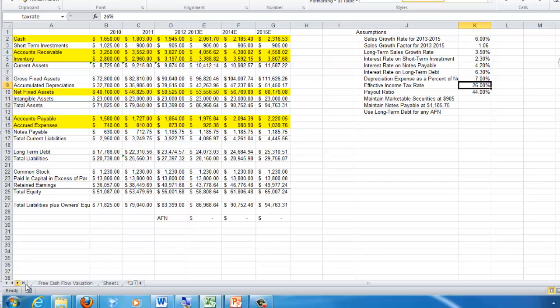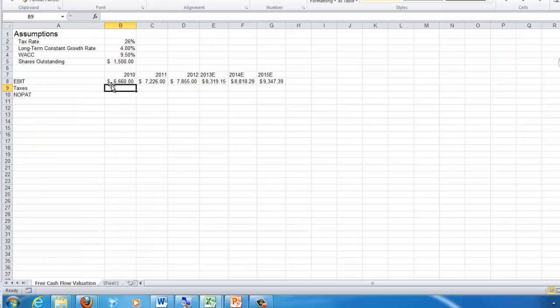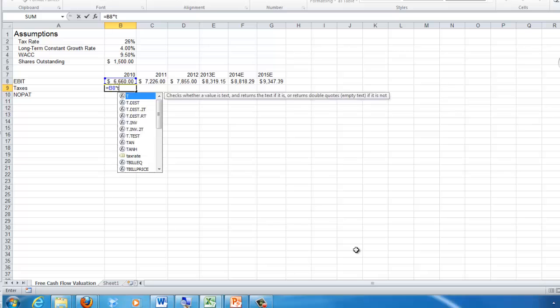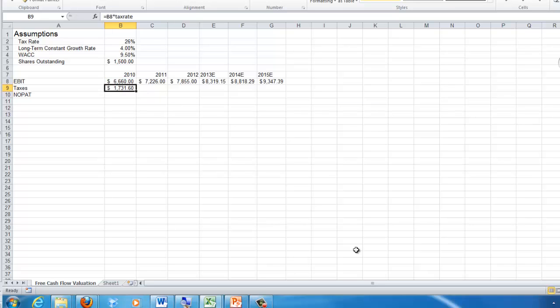I'm going to go back here now, and I'm going to just put in equals our EBIT multiplied by the tax rate. So we're going to pay $17.31 in taxes, so our NOPAT is going to be equal to our EBIT minus the amount we're going to pay in taxes, or $49.28.40 for the first year. Now I'm just going to drag that over. Okay.